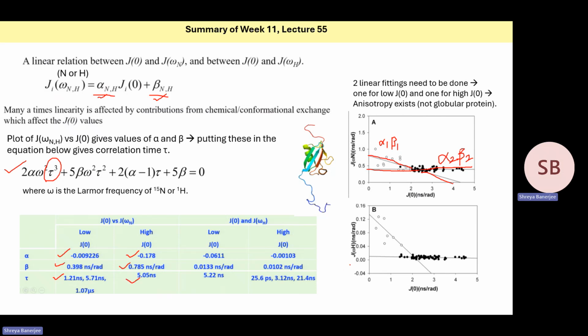Similarly, if you plot J(ωH) versus J(0), for low J(0) values you will get one alpha, beta, and one tau. And for high J(0) values, you will get another alpha, beta, and another tau. So you can also find out the correlation time.